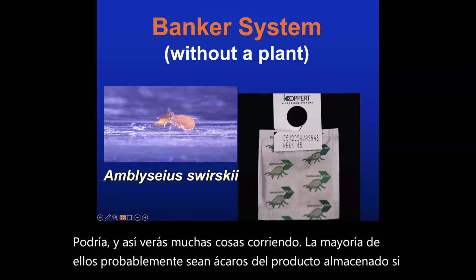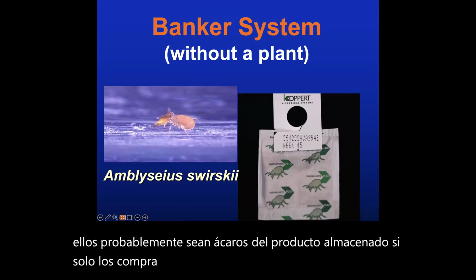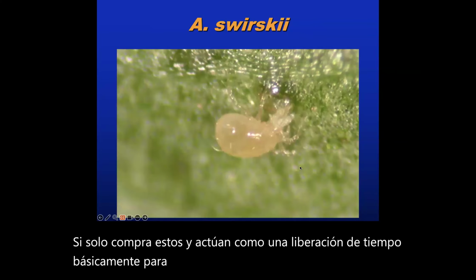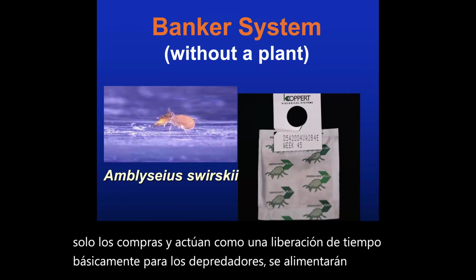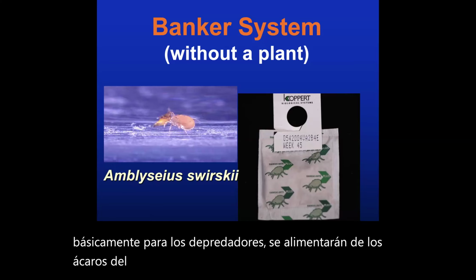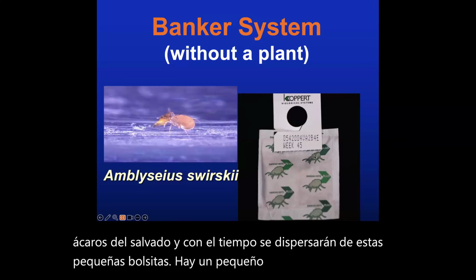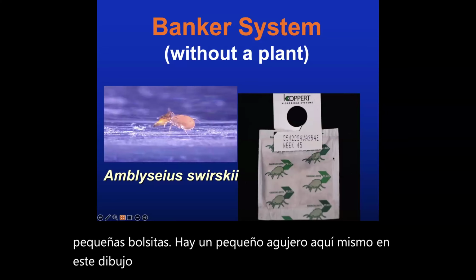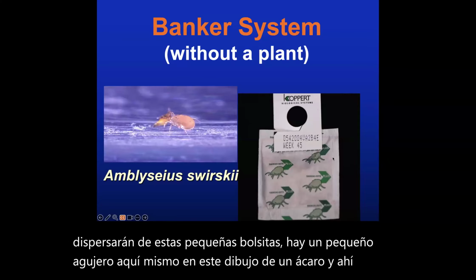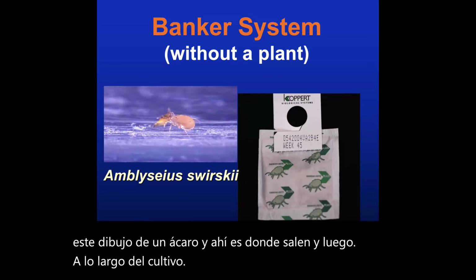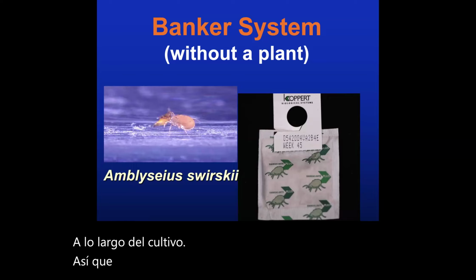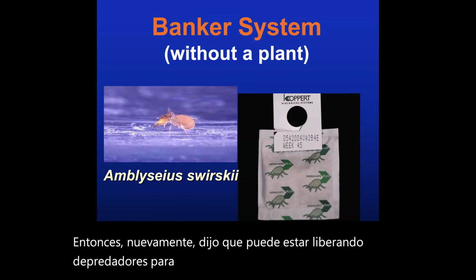And they act as a time release, basically, for the predators. They'll feed on the bran mites, and over time, they will disperse from these little sachets. There's a little hole right here in this drawing of a mite, and that's where they exit and then move throughout the crop. So again, they can be releasing predators for a couple weeks at least, if they don't get wet.